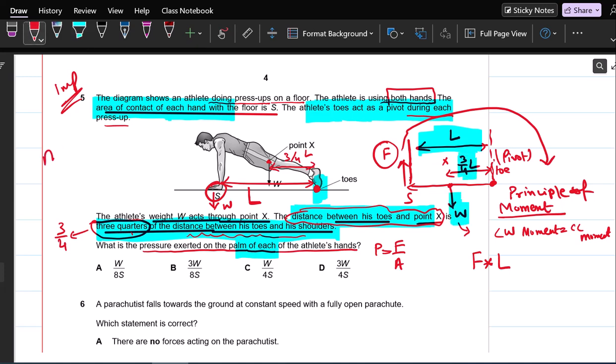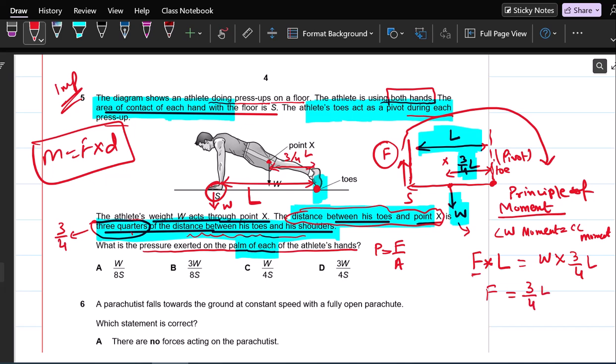Moment is equal to force multiplied by distance, which is equal to weight, that is W multiplied by 3 by 4. So we have to find this F. So F is equal to 3 by 4 LW divided by L.